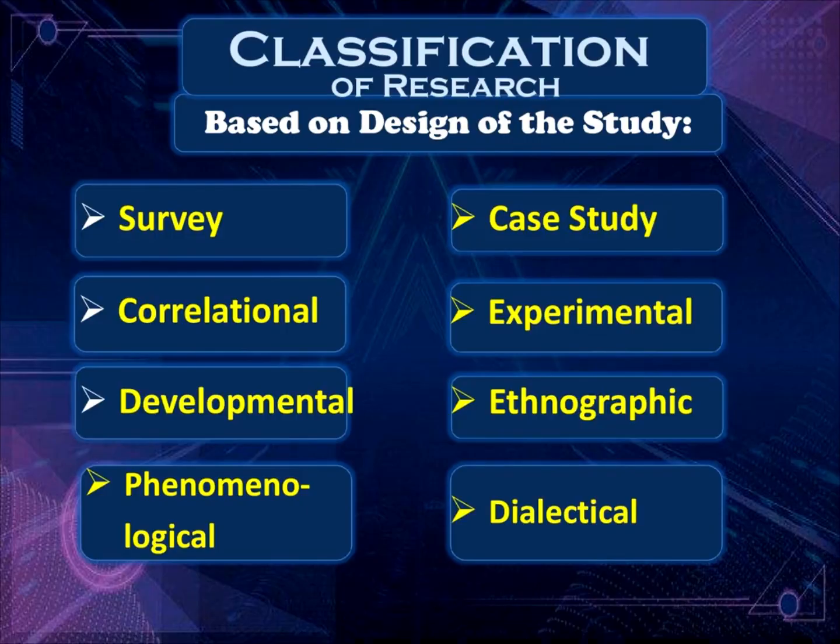So you have a basic general idea. The first one is survey, another is case study, correlation, experimental, developmental, ethnographic, phenomenological. I got it in one go. Dialectical and historical.